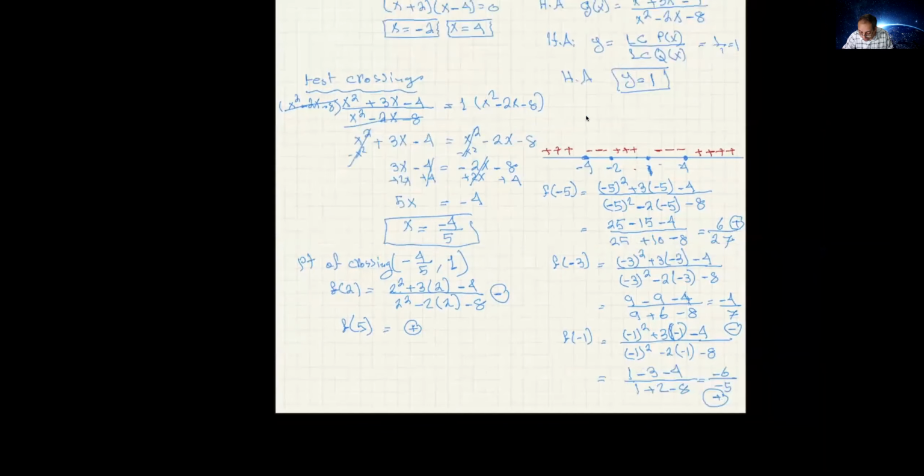So what I need in graphing is to answer these questions. Number one, X-intercept. For the X-intercept, I need the values: X is -2, I have X is 1 and X is 4.